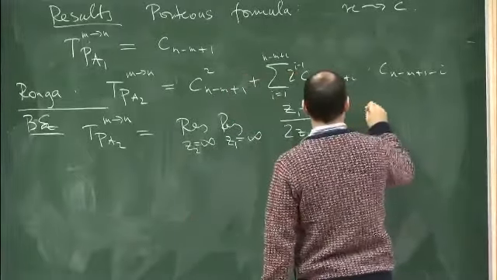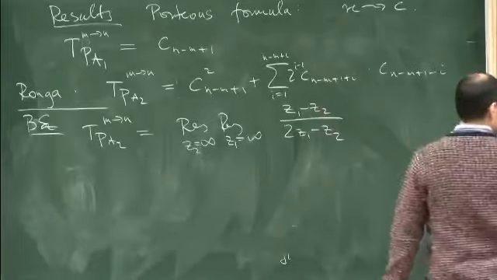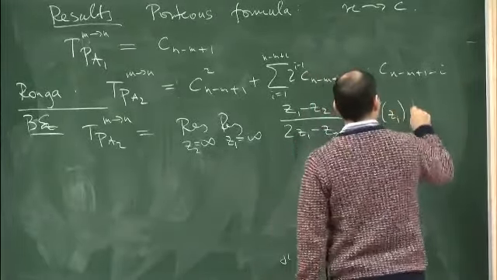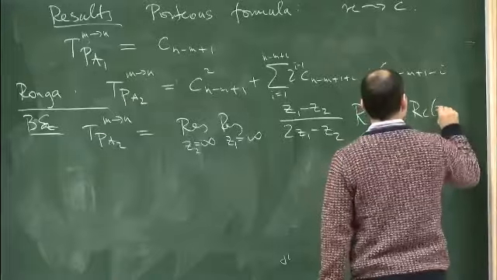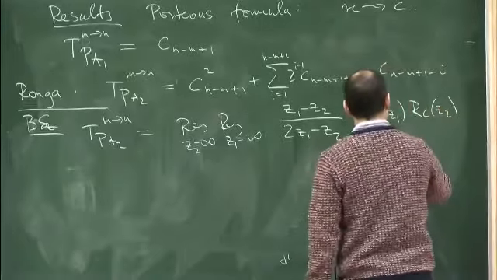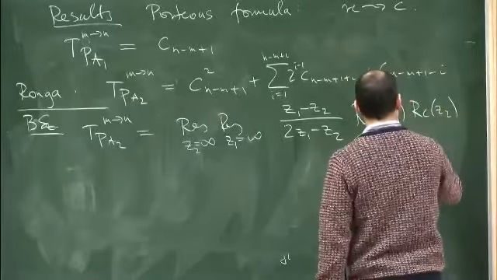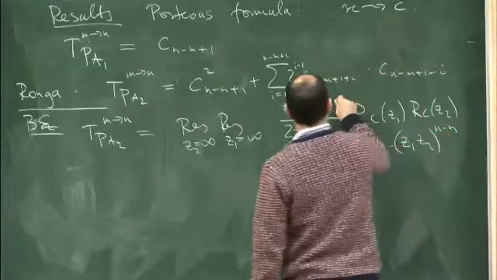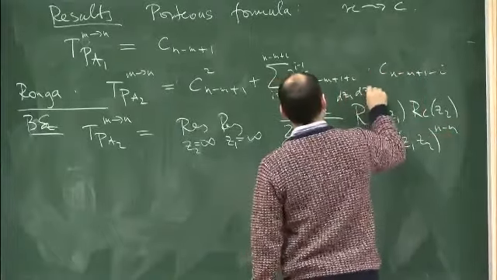Here you have the generating series RC(z1), RC(z2), times z1 times z2 to the power n minus m, and here there is a dz1 dz2.